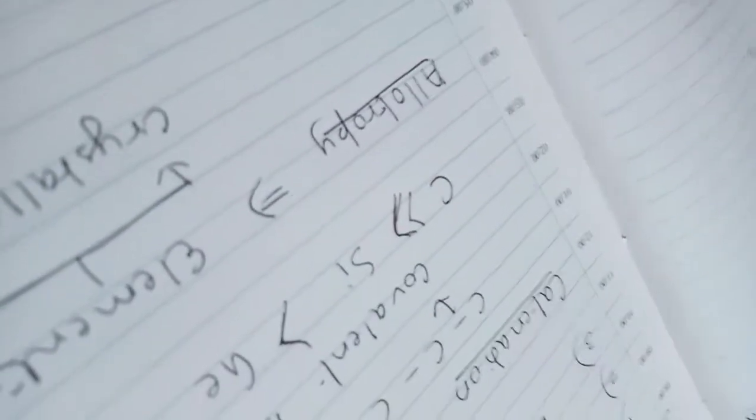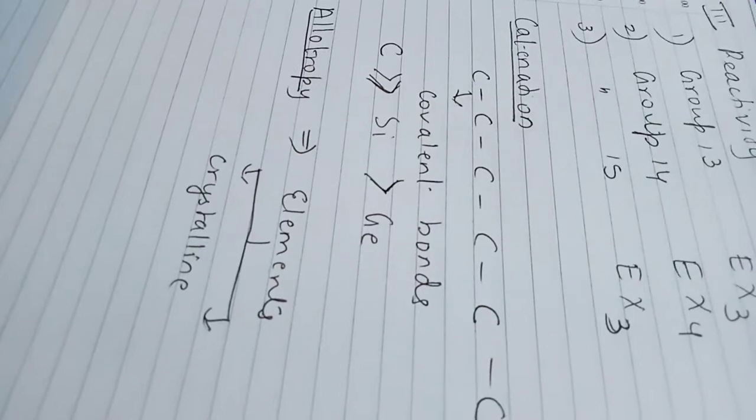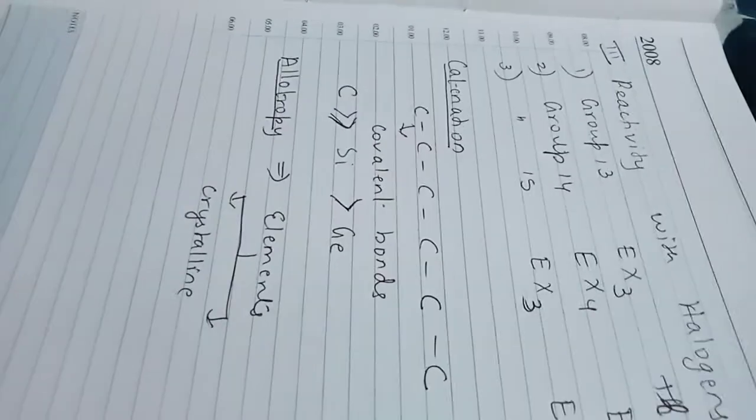I'll repeat, what is allotropy? Allotropy is the property of an element existing in different crystalline forms with different physical properties in the form of color, density and melting point. This is called allotropy, and the crystalline forms of that element are called allotropes.